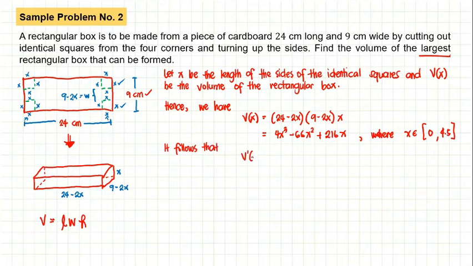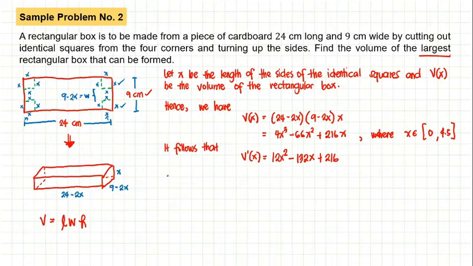It follows that V prime of x is equal to, differentiating 4x cubed, 12x squared. Negative 66x squared is negative 132x. 216x is 216. So we are done differentiating. We will now get the critical points, and that is when the derivative is 0.